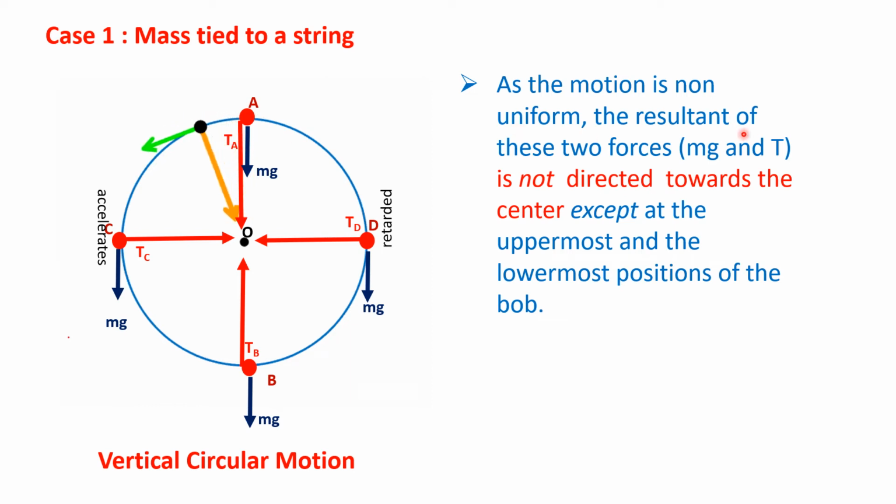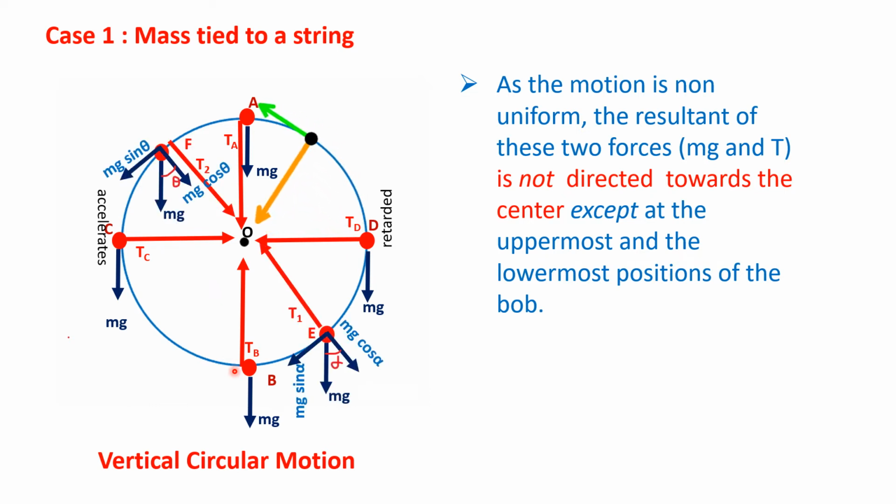The resultant of the two forces, that is the mg force and the tension force along the string, is directed towards the center of this vertical circular motion only at 2 points, that is at the uppermost point A and the bottommost position B. Now, if you consider any arbitrary position between the uppermost position and the lowermost position, some part of the resultant is tangential to this circular path.